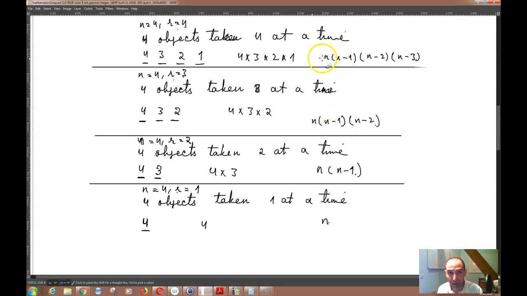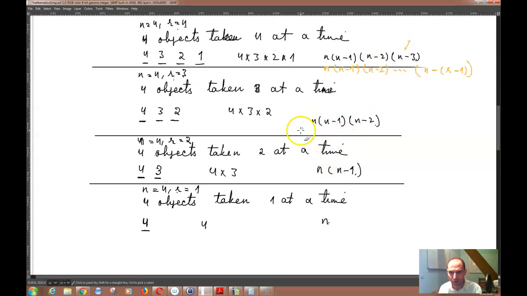And with respect to r, I can write these as n times n minus 1 times n minus 2 all the way up to n minus r minus 1. Because here r is equal to 4, so 4 minus 1 is equal to 3, that would be n minus 3, which is the last term here.